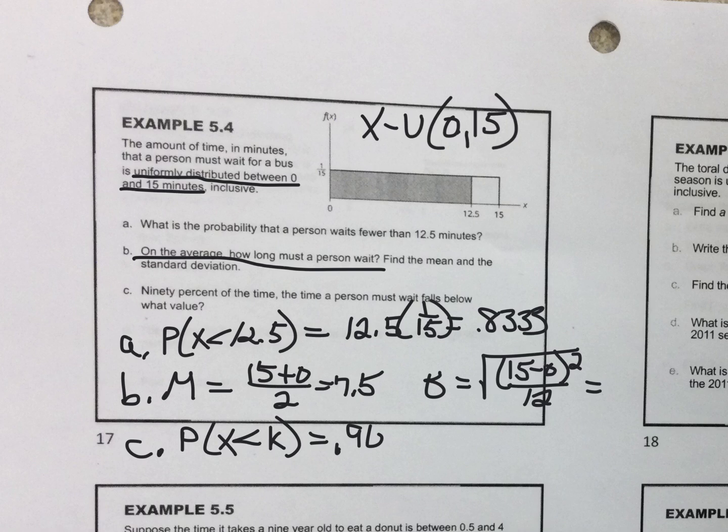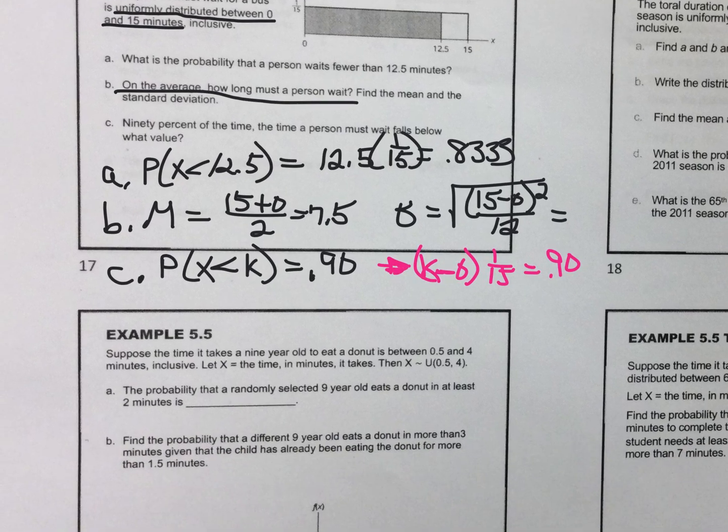So that means that K minus 0, or just K, really, times 1 over 15 has to equal 90%. So K equals 0.9 times 15, which is 13.5.